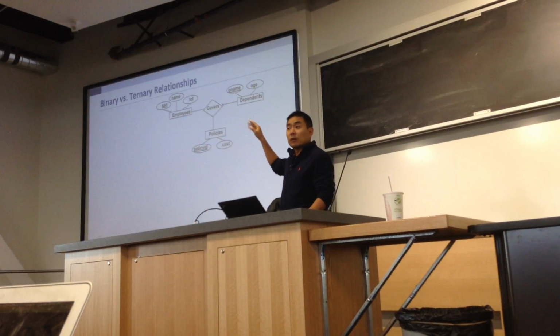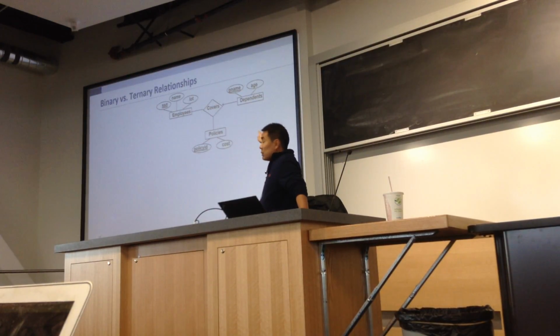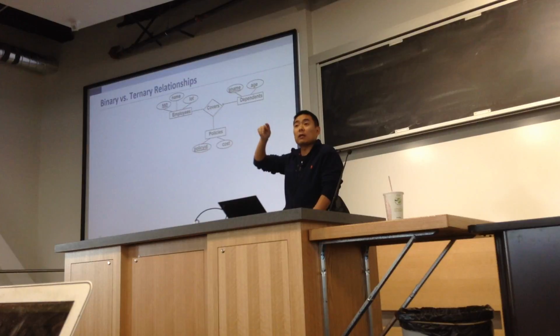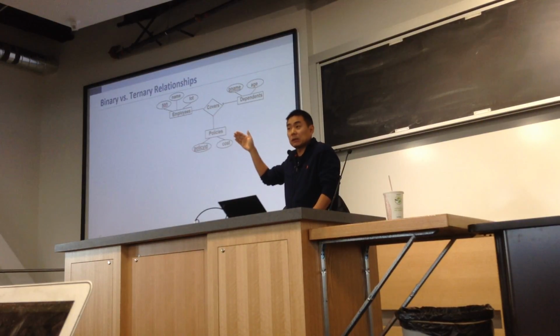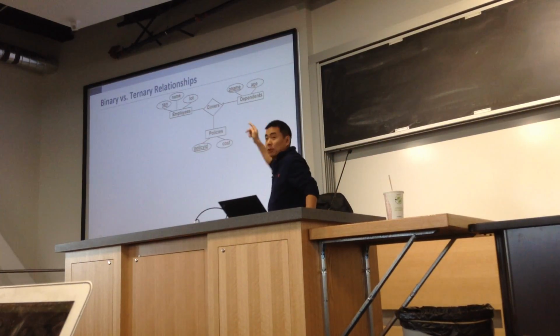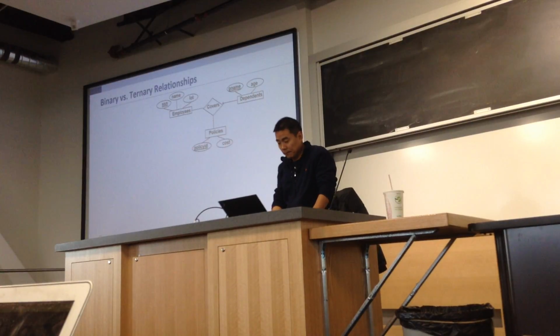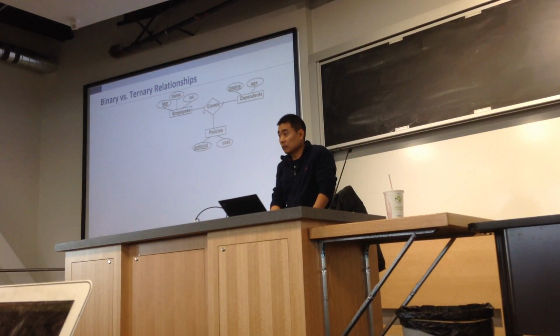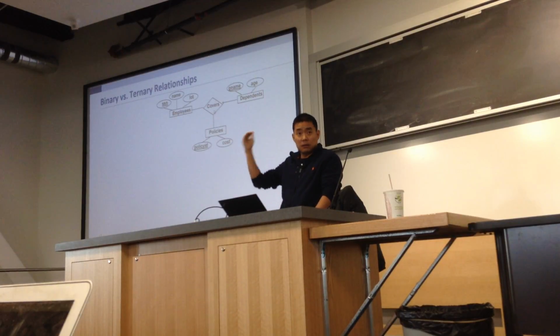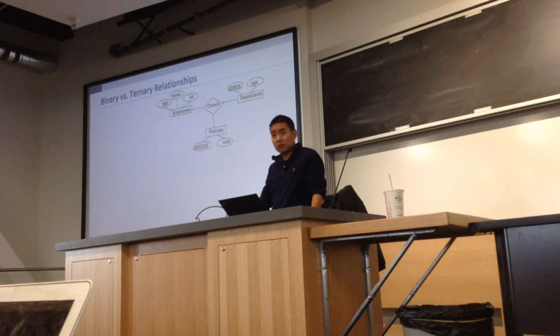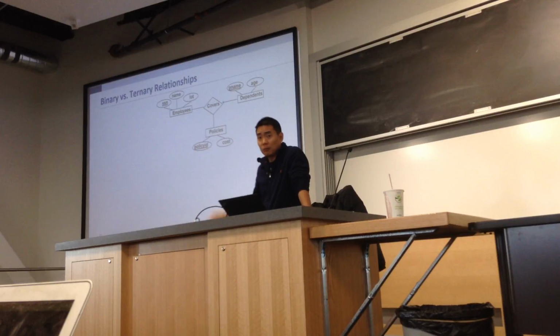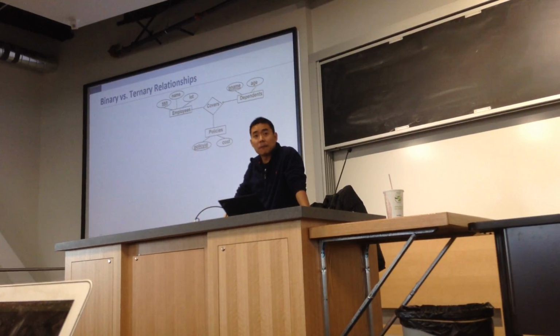One employee may have multiple dependents, so there's a one-to-many mapping between employees and dependents. That's one-to-many here. Common sense, right? My wife and daughter are my dependents.